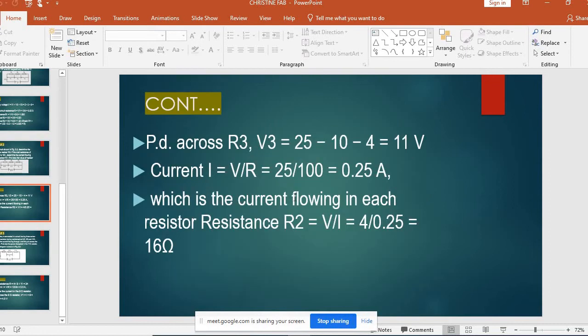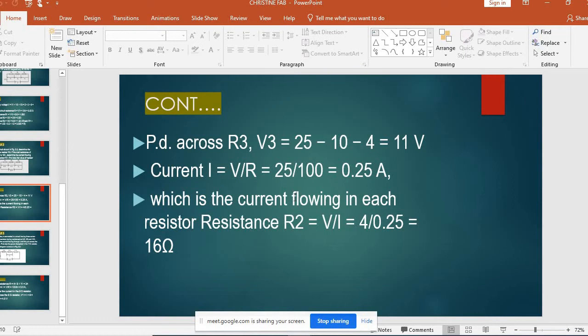So the potential difference across R3, V3, is equal to 25 minus 10 minus 4, which is equal to 11 volts.